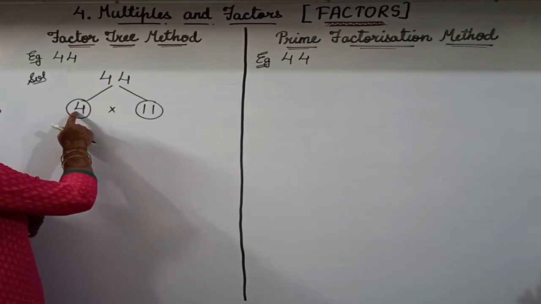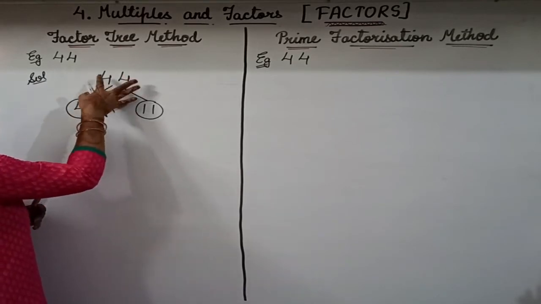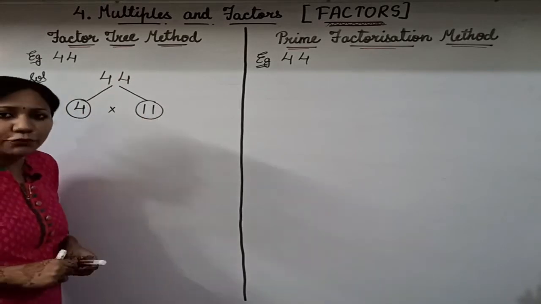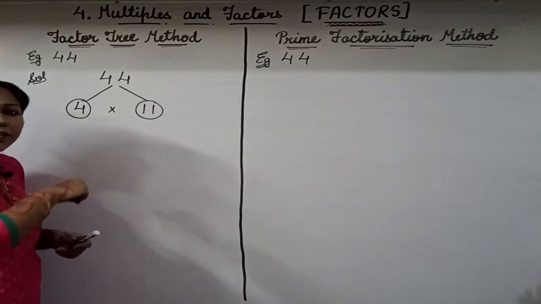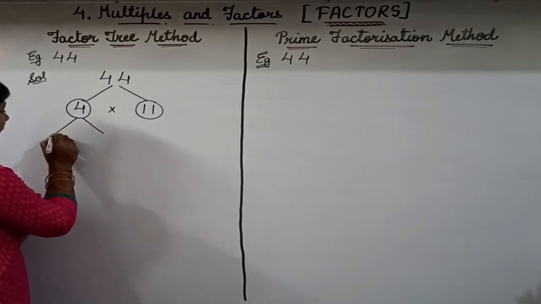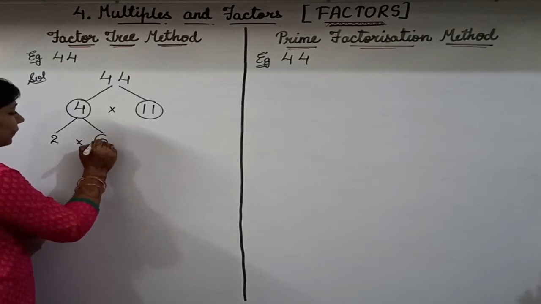Now coming to the next part. Since we have split this 44 into two parts, one is 4 and the second is 11, now just find out, do we have some more factors for 4? Yes, we can write this 4 as 2 multiplied by 2.